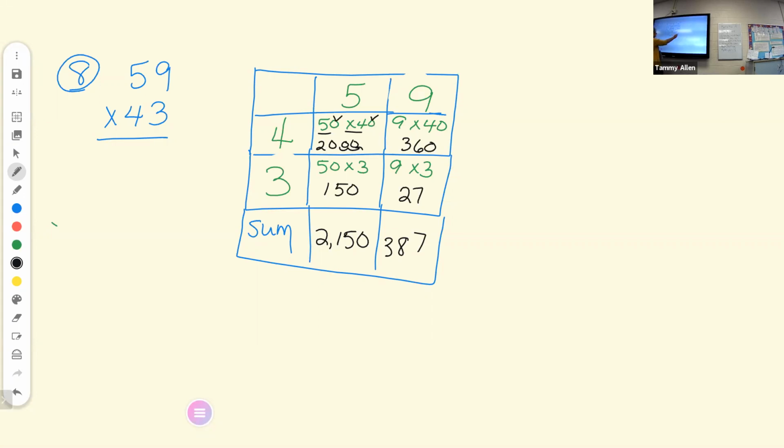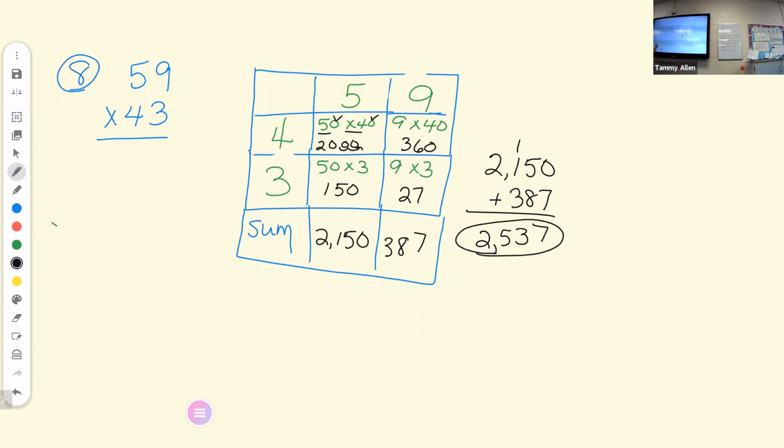And now we need to add these two together, and I get 2,537. That's by my box method, right? Okay. Are we good with that? Any questions on how to use the box method?